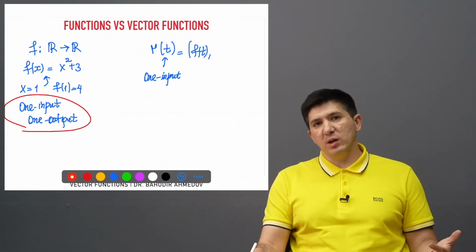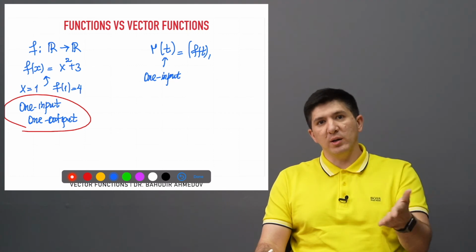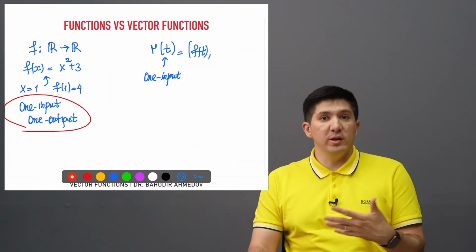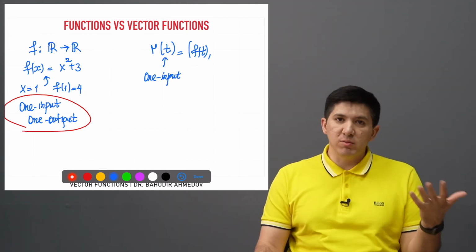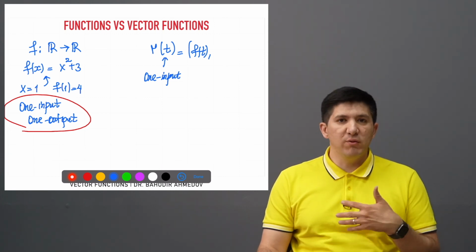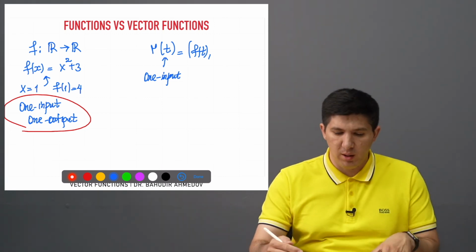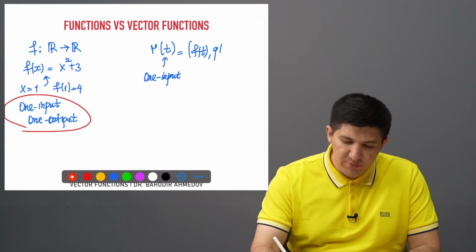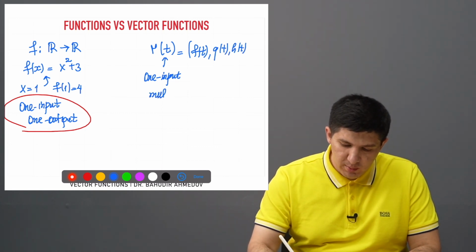In 2D, it gives you 2 numbers, the coordinates of the points along the curve in 2D. In 3D, it gives you 3 numbers. In 4D, it gives you 4 numbers, and so on: f of t, g of t, and h of t. So, multiple outputs.